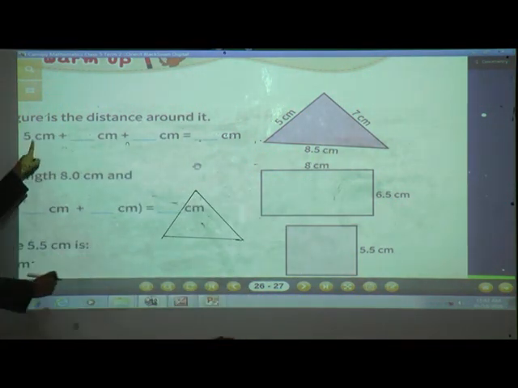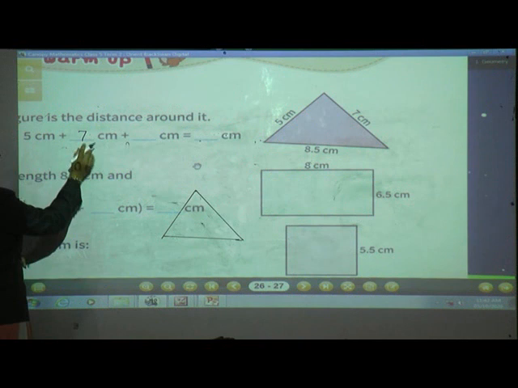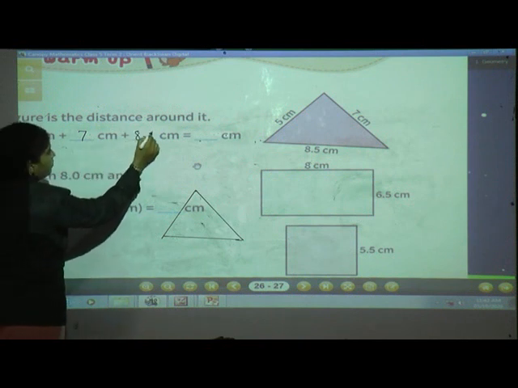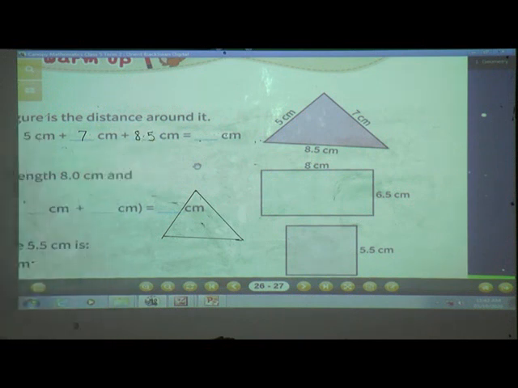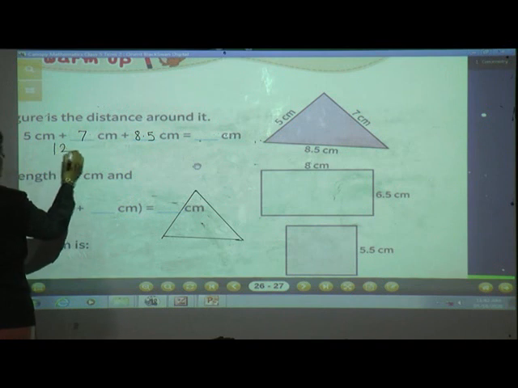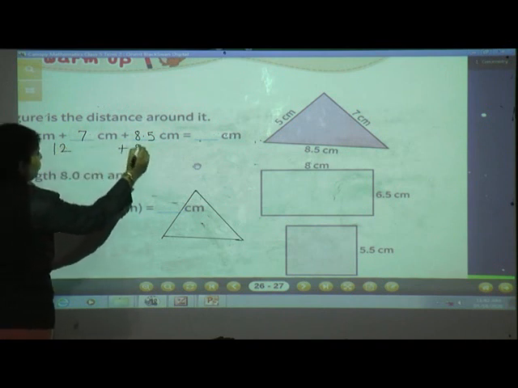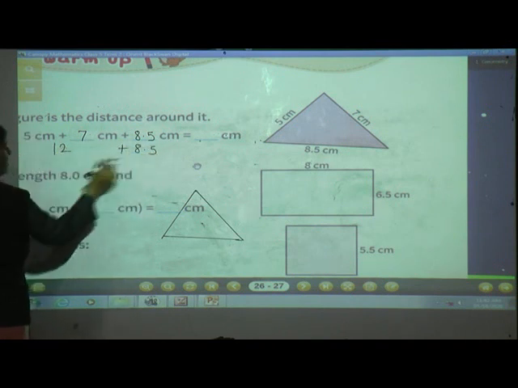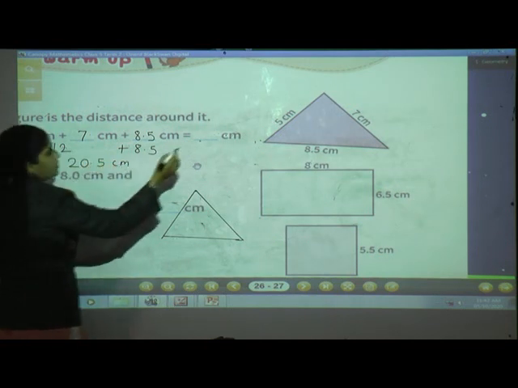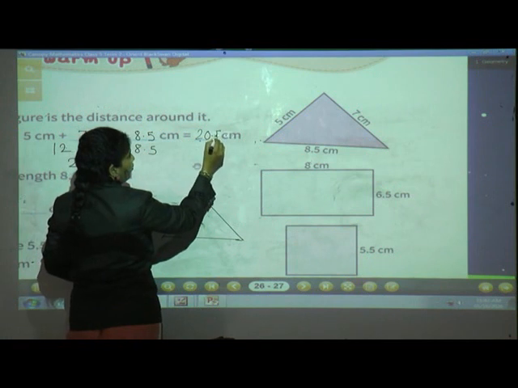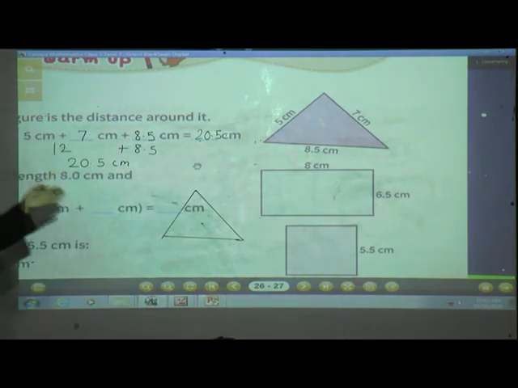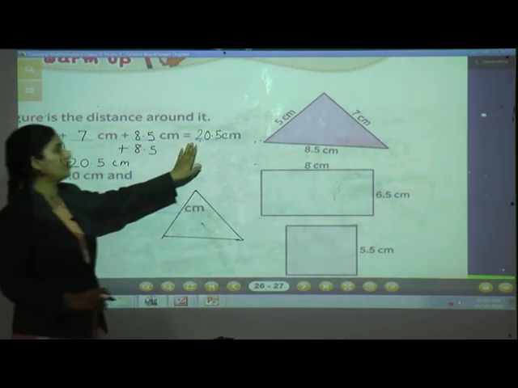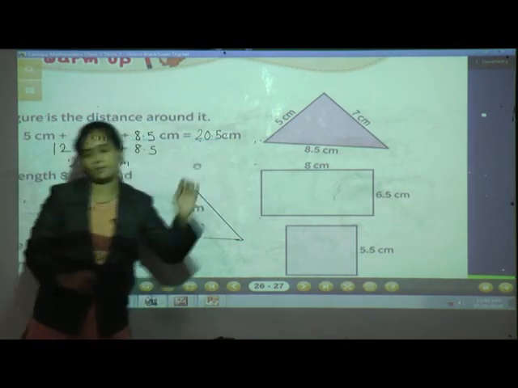So 5 cm plus 7 cm plus 8.5 cm. Just add all of this. 5 plus 7 is equal to 12, plus 8.5. When we add this, we will get 20.5 centimeter. That means the perimeter of the triangle is equal to 20.5 centimeter.